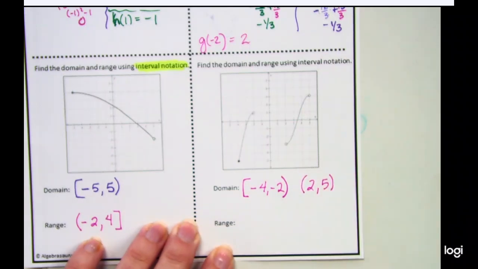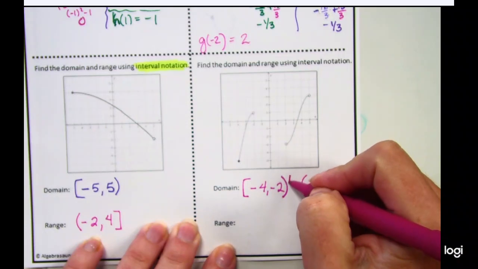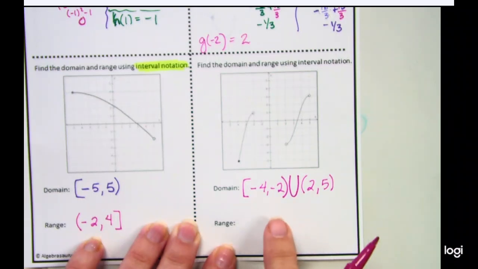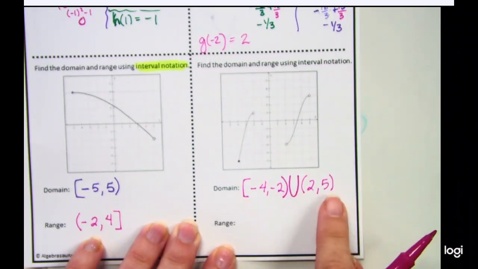Now, I told you I had one more thing to show you on interval notation, and this is what it is. When I have 2 pieces, we use this symbol. It's a big, tall U, and it stands for union. So it is the union of this piece and this piece.